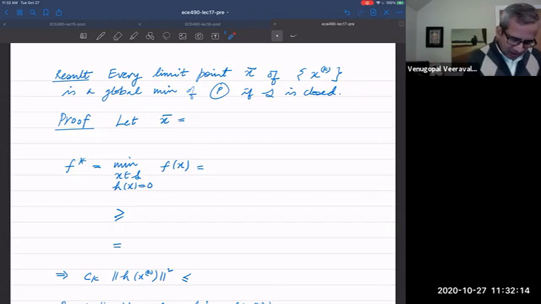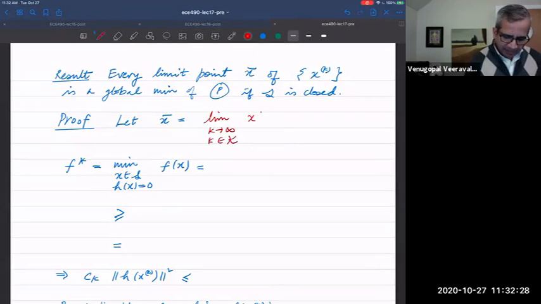All right. So let x bar be the limit, just like we did in the barrier method, over some subsequence we'll call script k. And let f star be the minimum of f(x) with the constraints, right? With the constraint x belonging to S and h(x) equal to 0.